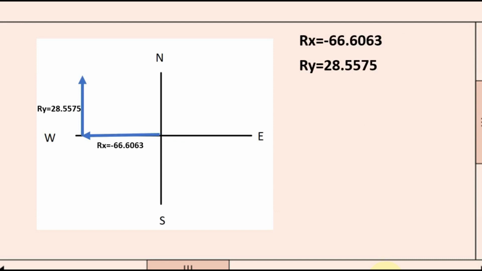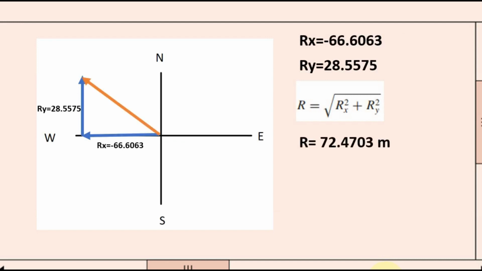Substituting our R sub x and R sub y, we will get the magnitude of our resultant, which is 72.4703 meters. This is how we draw our x and y components along our Cartesian plane. We have a negative x component and a positive y component.